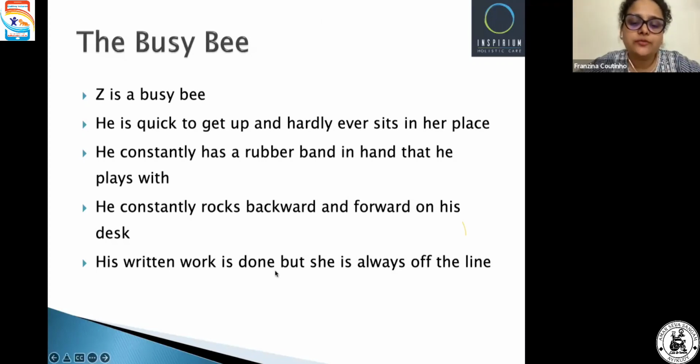And the work is off the line when he is copywriting. Perfect. Eye-hand coordination, visual perception, visual processing. It could be a whole bunch of things, right?